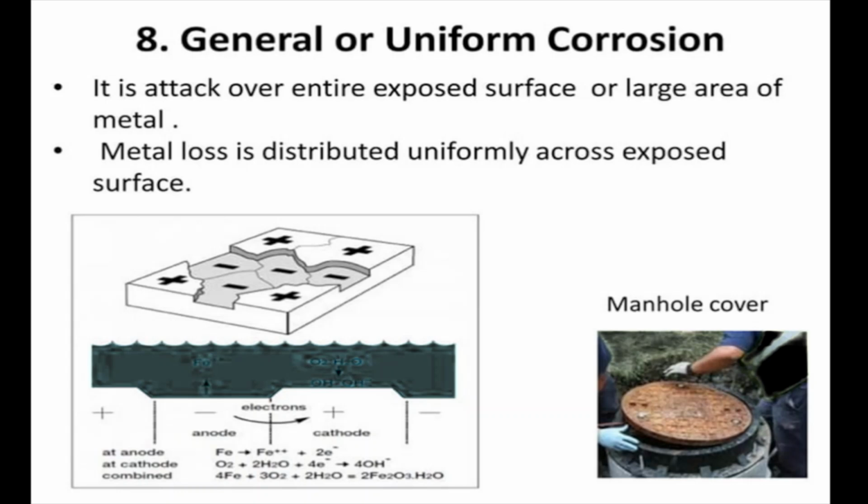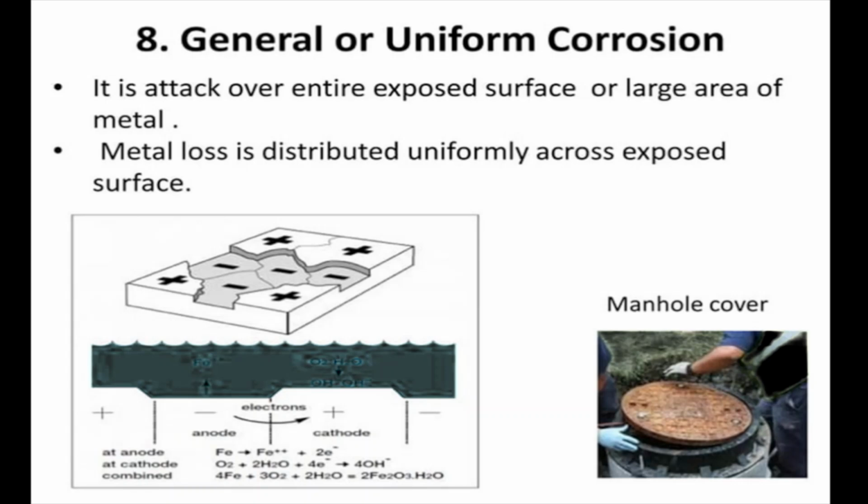At the anode, when they are in a saline or electrolyte medium, iron, Fe, creates Fe2+ and 2 electrons are eliminated. At the cathode, oxygen reacts with 2 molecules of water and 4 electrons to create OH minus radicals, 4 of them.